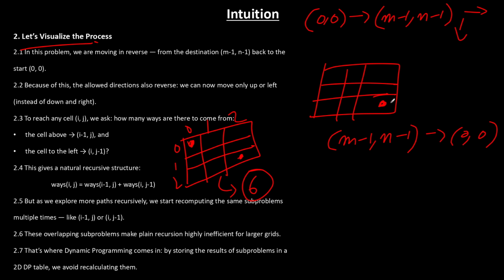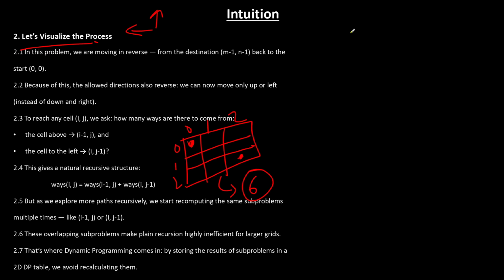Now, since from here you cannot go right or down, what will happen? If you can think of it, it's great. Otherwise, we'll go up and we'll go left. We will just reverse the scenario as we have reversed our starting and ending position. So keep that in mind. We will be going up and left.